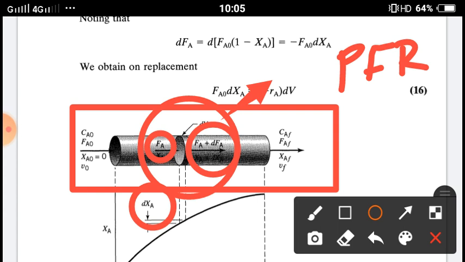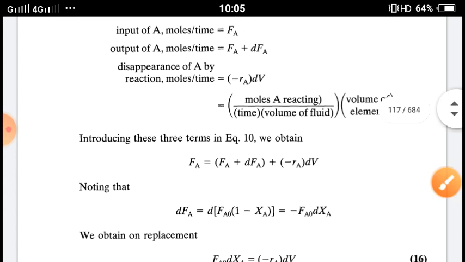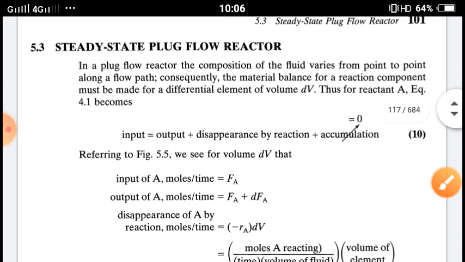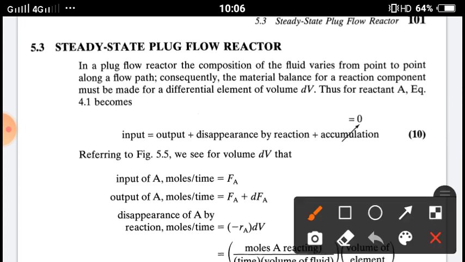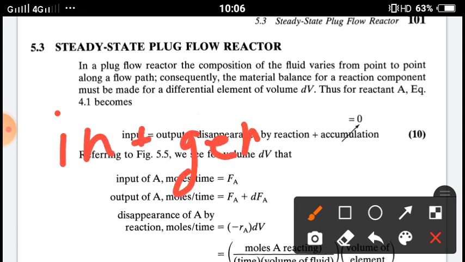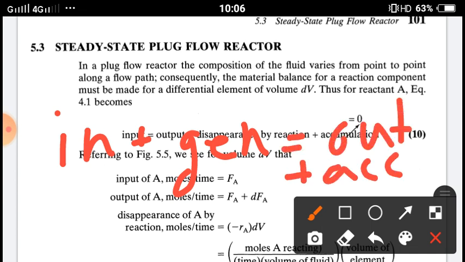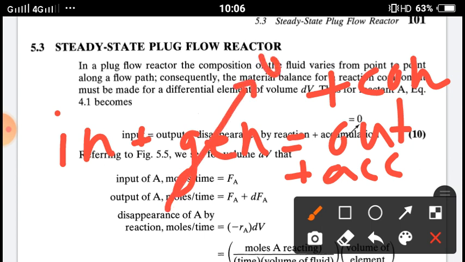So now we will make the material balance over this small piece. As you know, the general material balance equation is in plus generation is equal to out plus accumulation plus consumption. Now over here we are talking with respect to the reactant, that's why the generation term will get cancelled out, and our consumption term will stay over here.